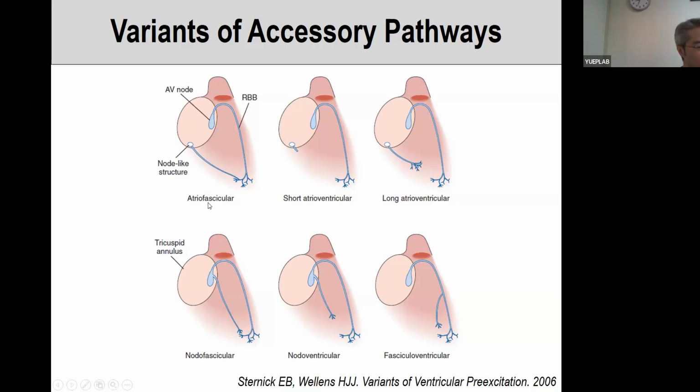Next, the atriofascicular pathway has a proximal insertion at a node-like structure in atrial tissue. The distal insertion is the fascicle or right bundle. And next, the atrioventricular pathway is similar to the usual pathway. However, it has the node-like structure.